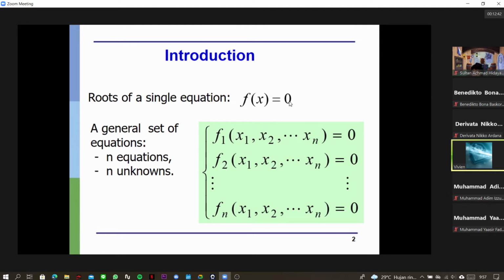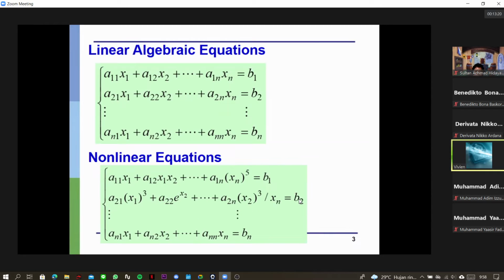Now we don't talk about roots of equations anymore, but about solving a set of linear equations in which we have n equations to solve for n unknowns. So for example, we have f1 to fn, which are different functions, and each contains variables x1 up to xn, and we have to find the values of x1 up to xn which will satisfy all of these equations.